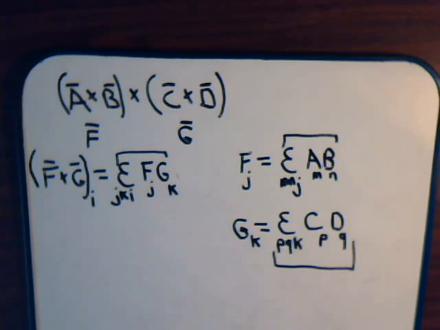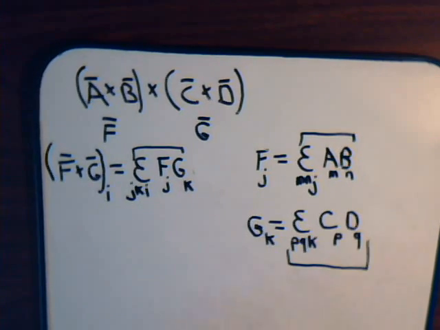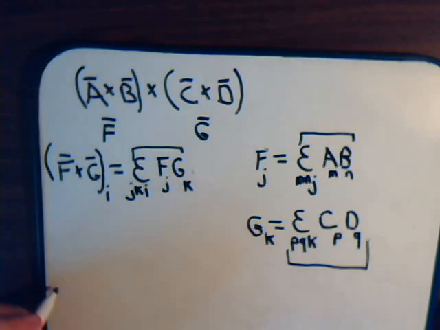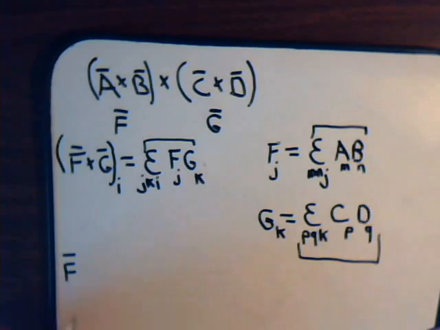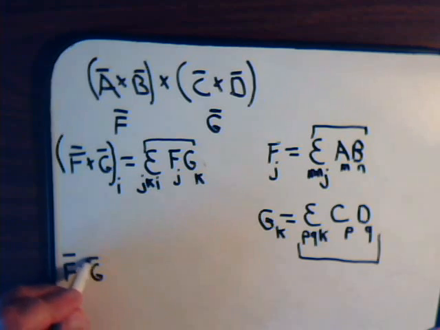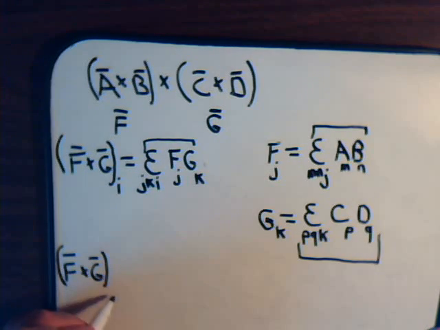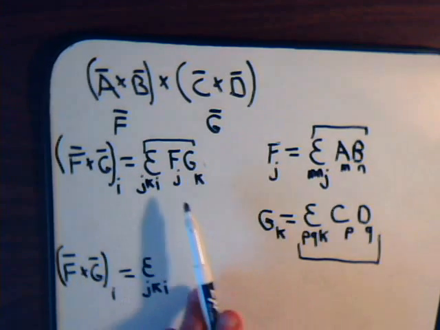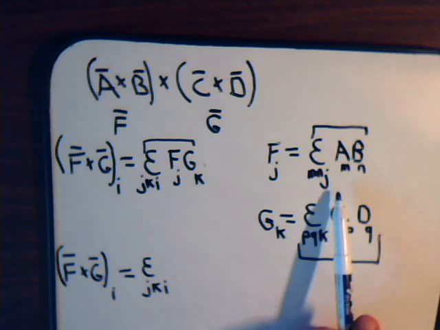So we have the ith component of F cross G, which is really this cross this. We have F cross G, ith component, equals epsilon jki, F of j. But F of j is this.